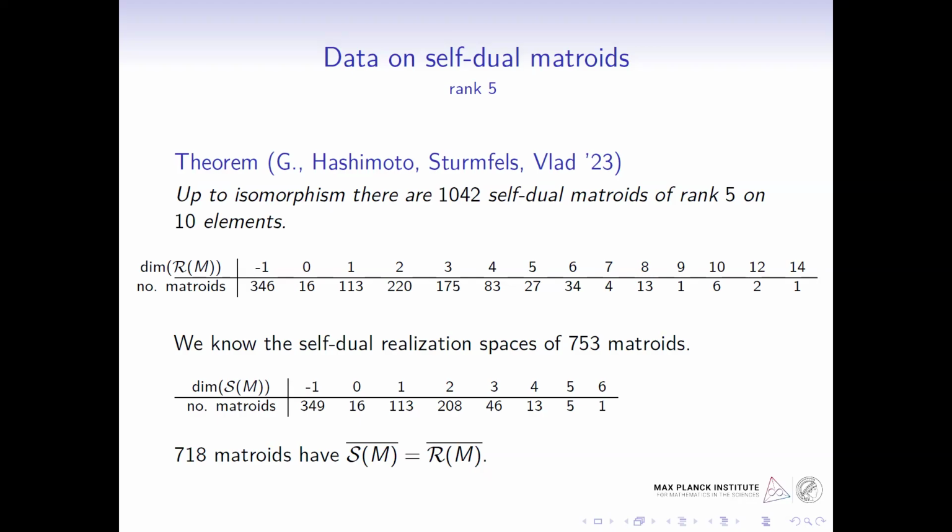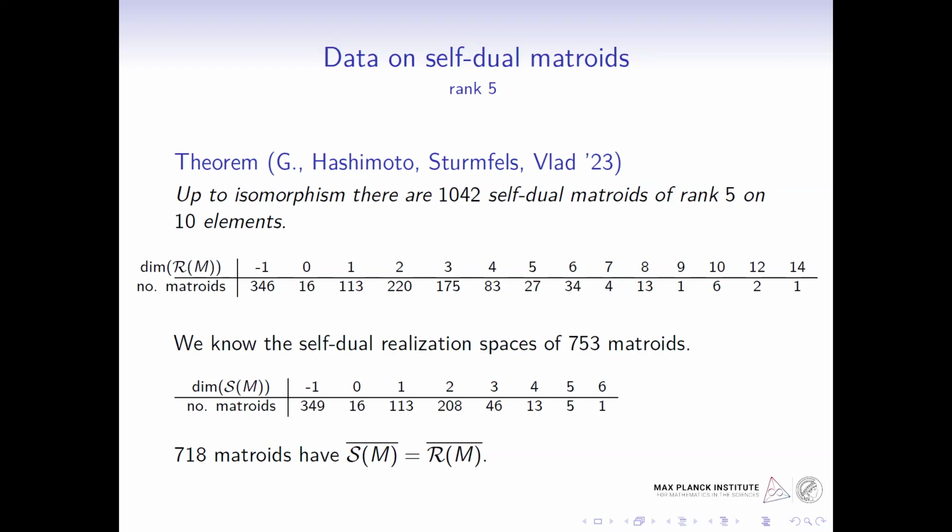Again, we computed the dimensions of the realization and the self-dual realization spaces. And here you see the dimensions for the realization spaces for the non-uniform matroids. The uniform matroid has dimension 16, didn't fit on the slide, so not on here.